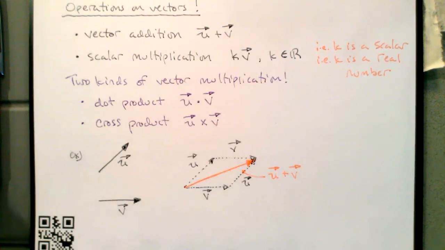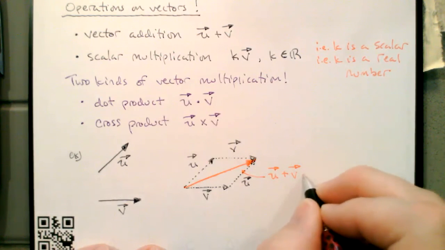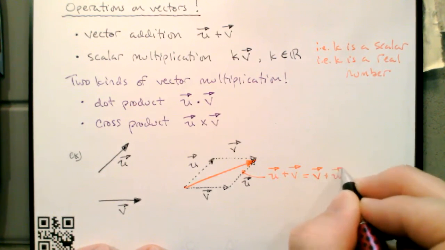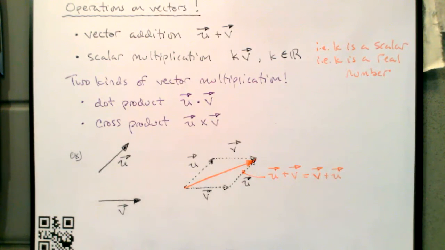So u plus v is the same as v plus u. Tack the end of one, or the beginning of one, onto the end of the other. You make a little parallelogram, and the diagonal of the parallelogram is the sum of the vectors.